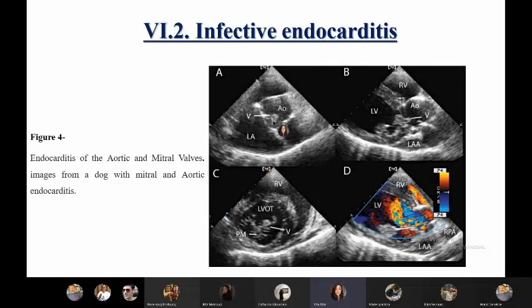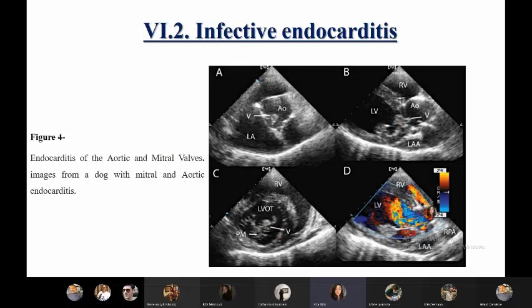Because of the similar characteristics such as the presence of nodules and the thickening of the leaflet. In these cases, we have an infection of the aortic valve. In A, B, and C, we can see the vegetation that is causing an obstruction inside the aorta or in the left ventricular outflow tract.